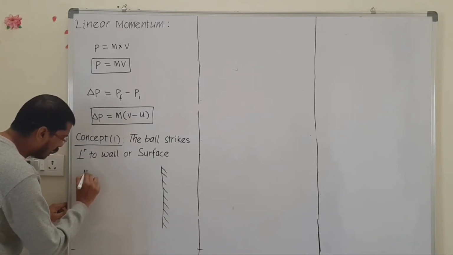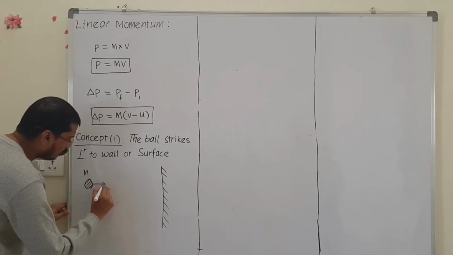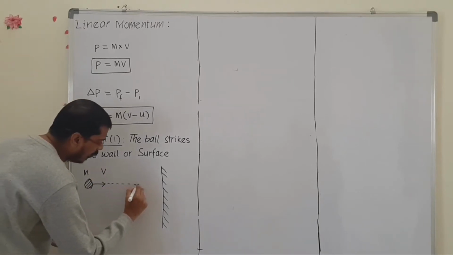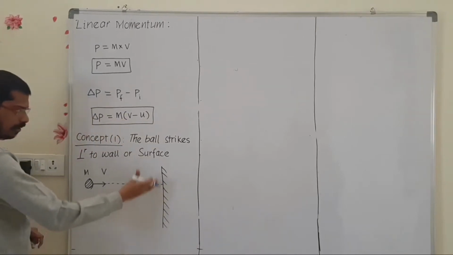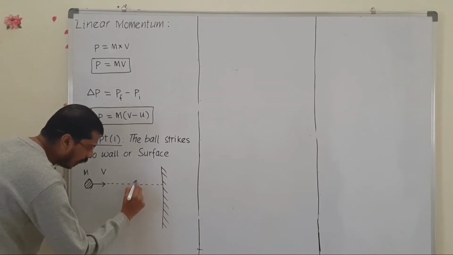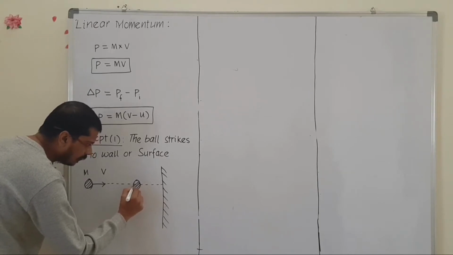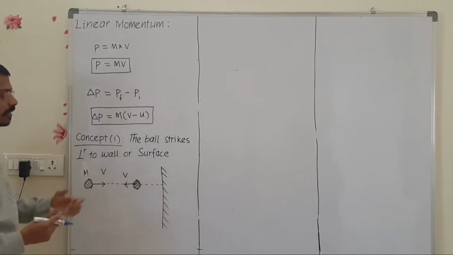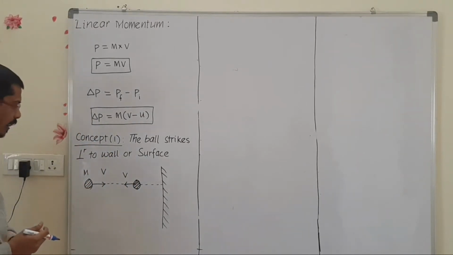The ball of mass m moves with velocity u and strikes the surface perpendicularly, and it rebounds from the surface with the same velocity v. In this condition, we have to find the change in momentum.